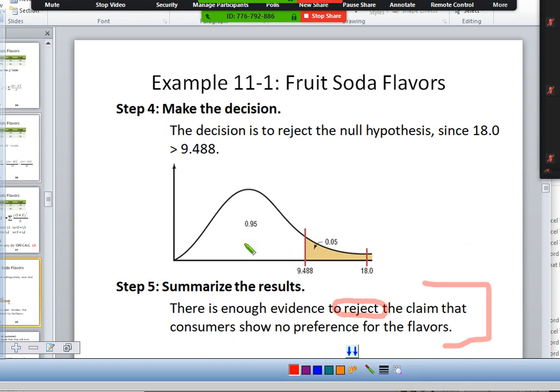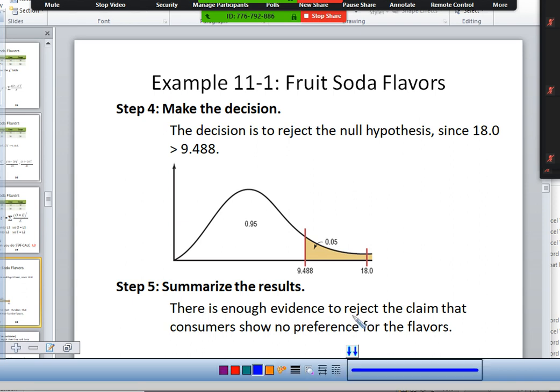Probably for all of chapter 11. So if you use the word reject here for all of chapter 11, then we'll be in good shape. That'll be perfect.